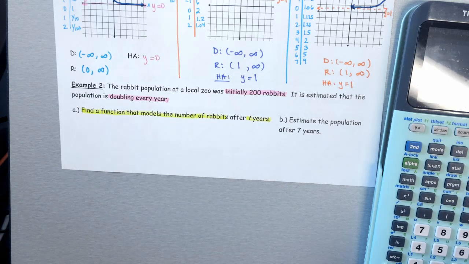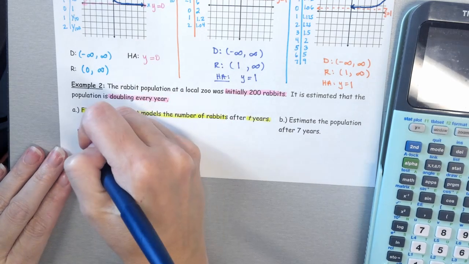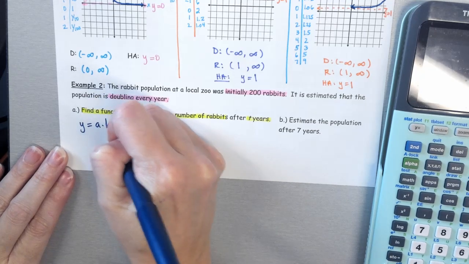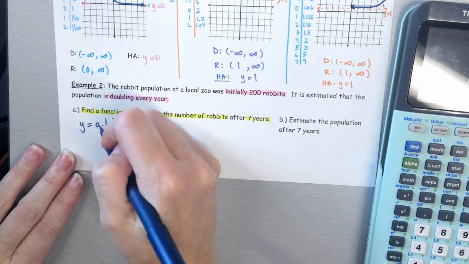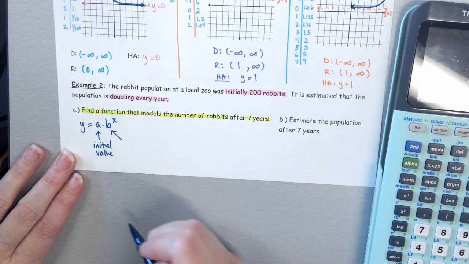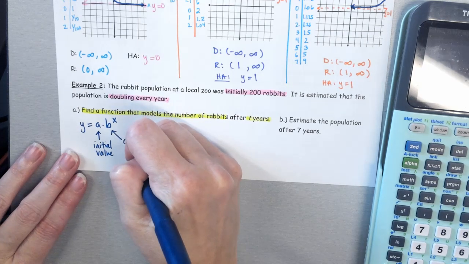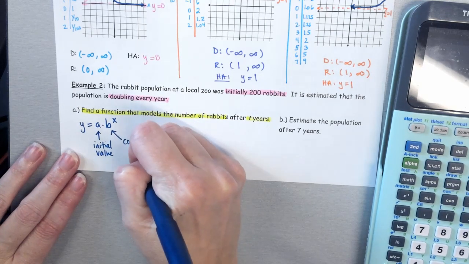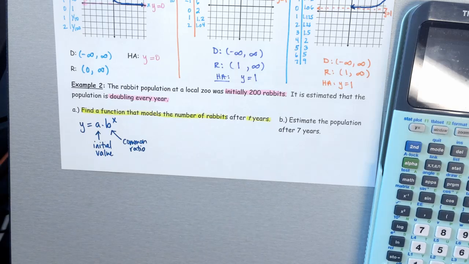Okay, so earlier today, I reminded you of this. And you guys remember that this was the initial value. And then B is what we call the common ratio, or the ratio. So what it's increasing by. Okay, so we can use that.